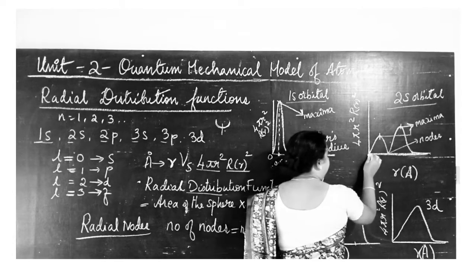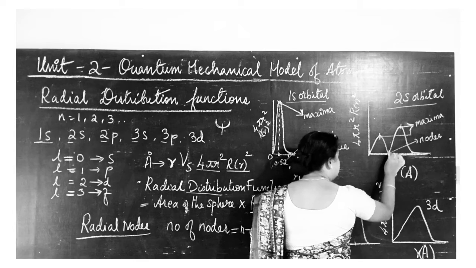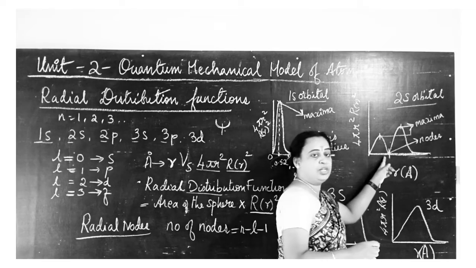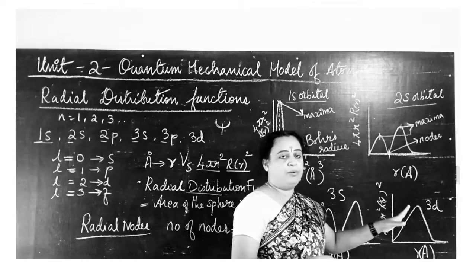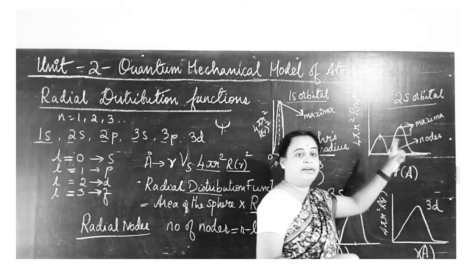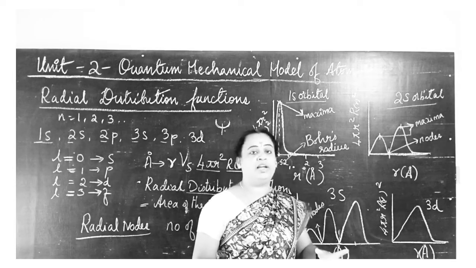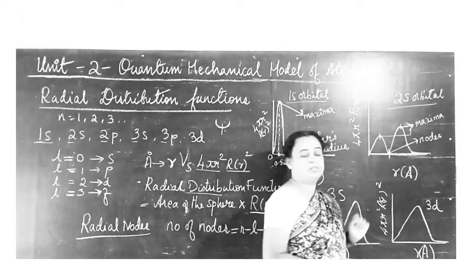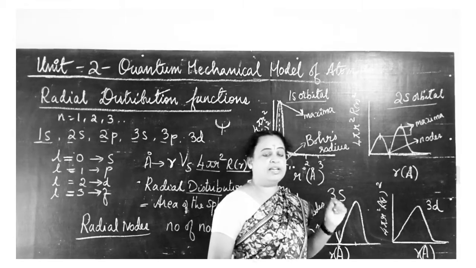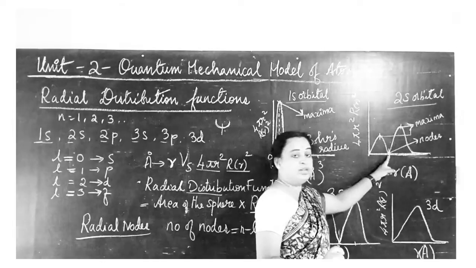Now this curve goes to the maximum and then comes down and touches 0. This point is called a node. At the point where it touches 0, there are no electrons; you can't find any electrons at this particular radius. Understanding? So what is a node? A node is the point around the nucleus where there is no probability of finding an electron.